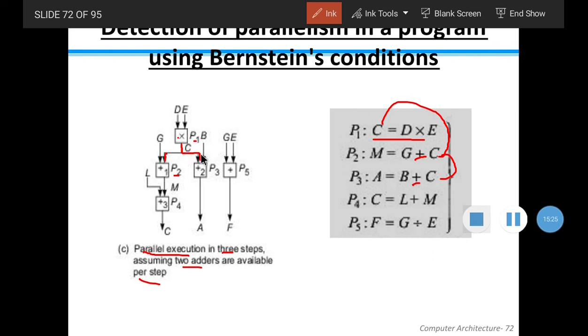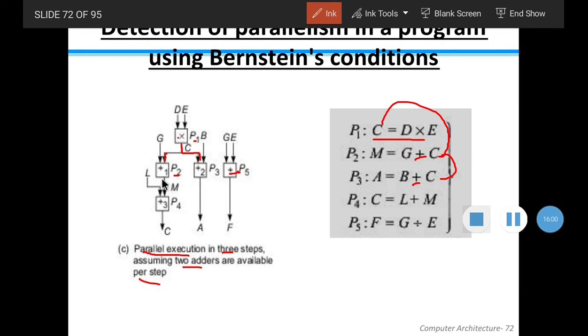At the same time we are executing P3, that is B plus C, and also P5, which is a division, G divided by E, giving F. And in P4 we get the output like this.